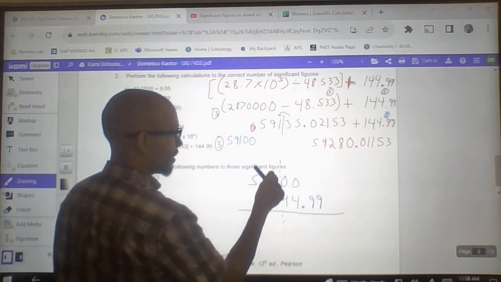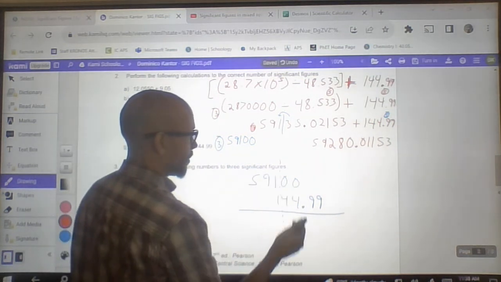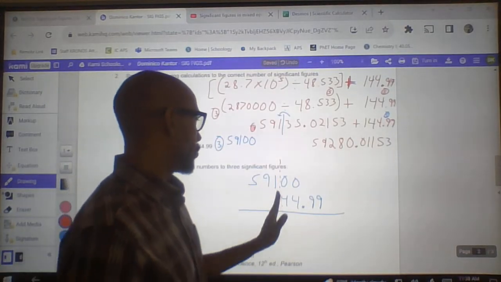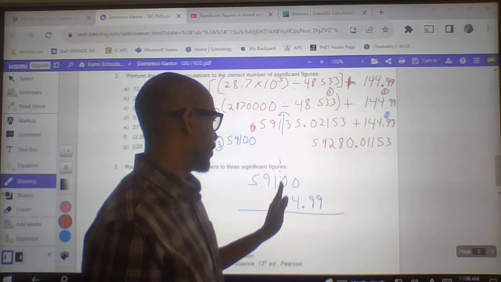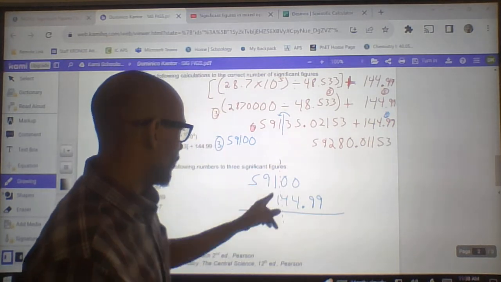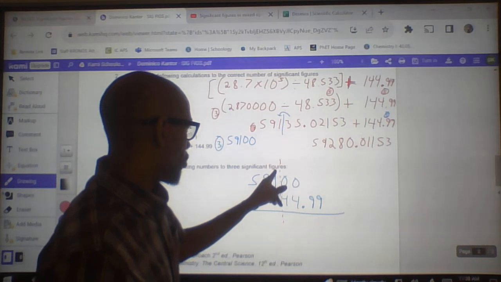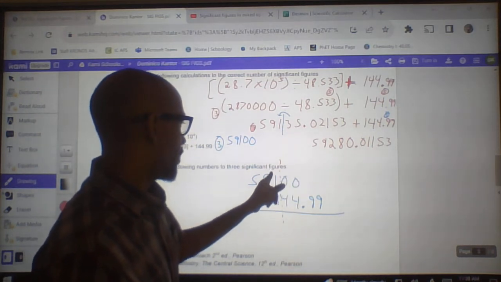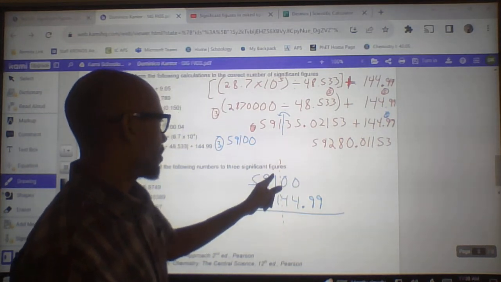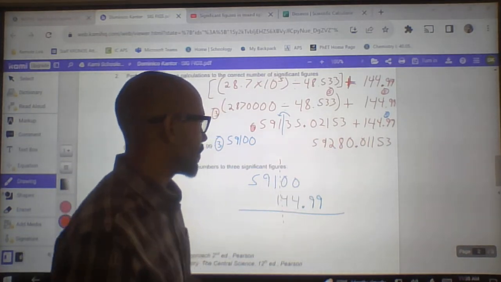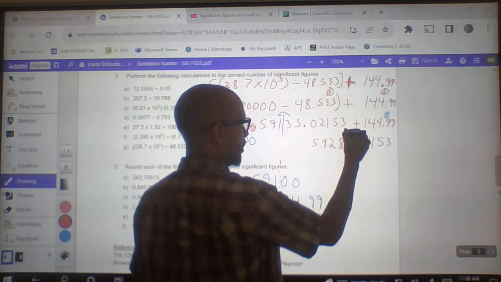If we don't see the decimal, we want to use the last significant figure and then round. So we would have been rounding here to the 1, 10, 100 spot. We would have been rounding to the 100th spot, so we're going to round our exact value to the 100th spot.